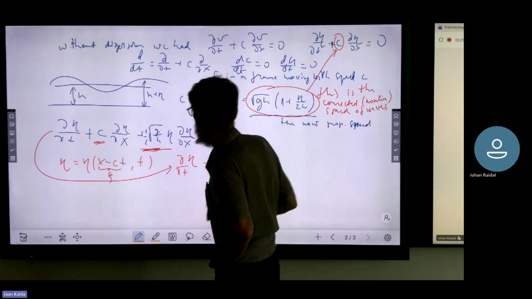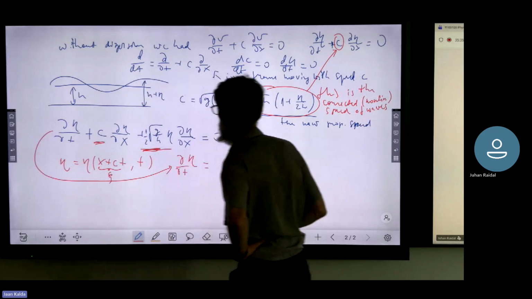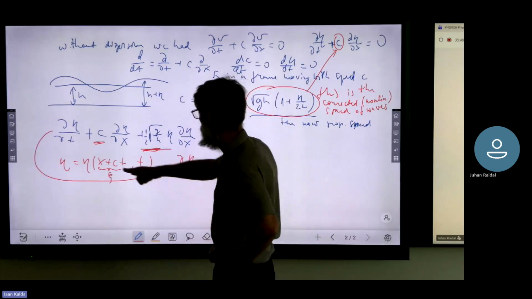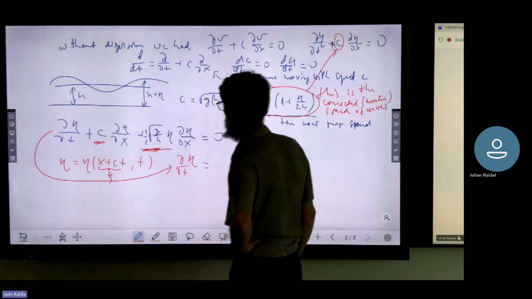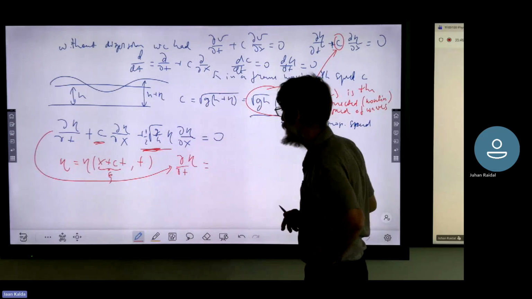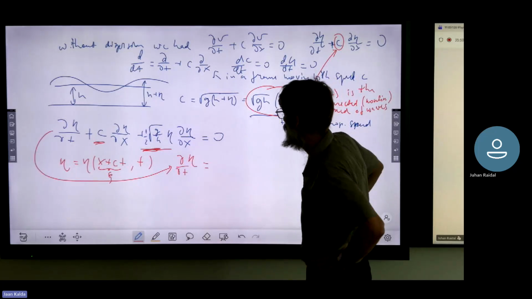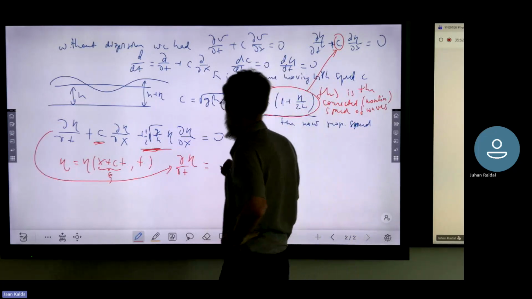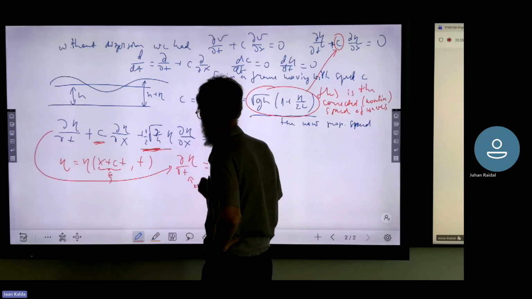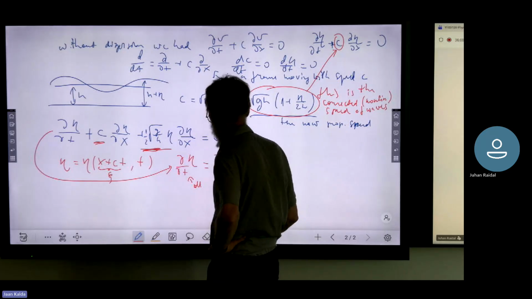I think you need to put the plus here, right? If we take the derivative in the new coordinates, the old time derivative in new coordinates depends on both the first term and the second term. And so this becomes d eta over dt, which is the old coordinate, old time.